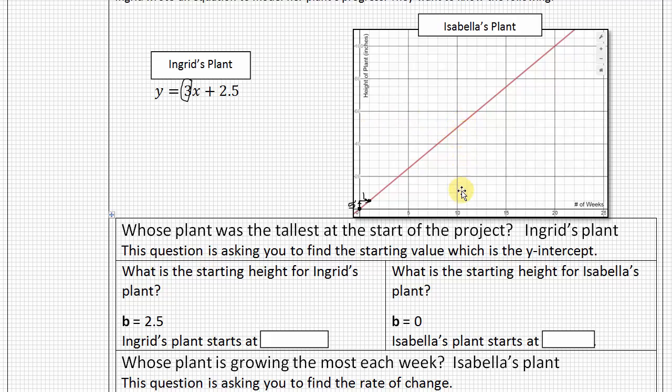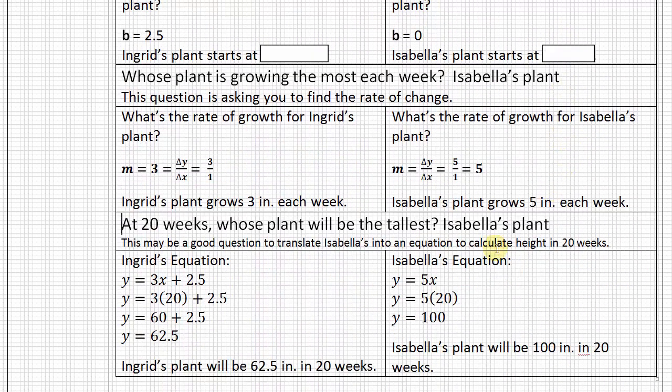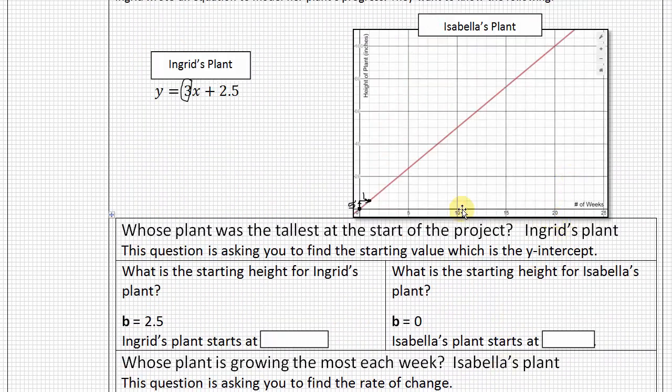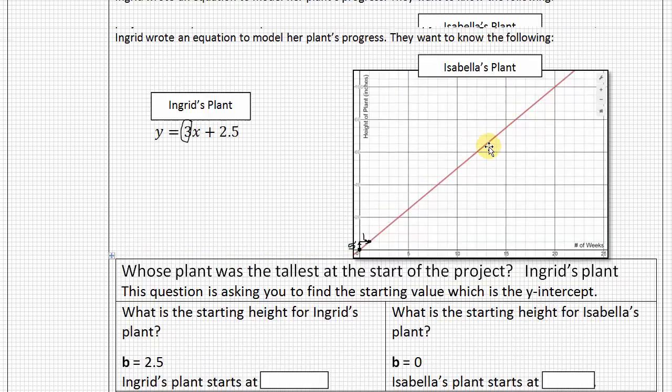Well, that would have been a really difficult question to answer precisely. And so we want to make sure that we're using our equations when we're asked for a really precise answer to show those calculations. And then if we want to compare it to our graphs, like here we could follow up 20 on 20 weeks, we see it's 100, and so if we can see it in 2 different views, we know our work is accurate.